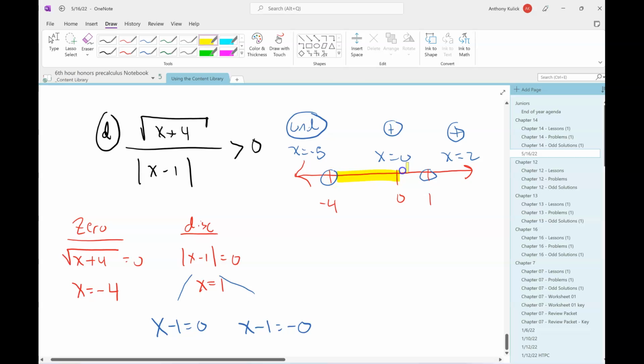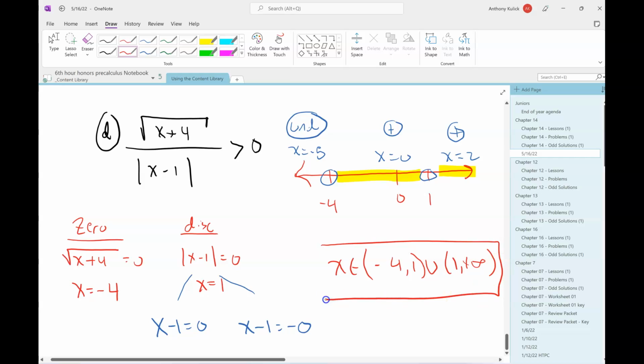So what do I want? I want this section and this section, right? So I can just do this. Everybody agree with that? You shouldn't be shaking your head yes at me right now. You should be like, Mr. Kulak, that ain't right. What's wrong with it? Yeah, there's a hole. There's a hole in my interval.